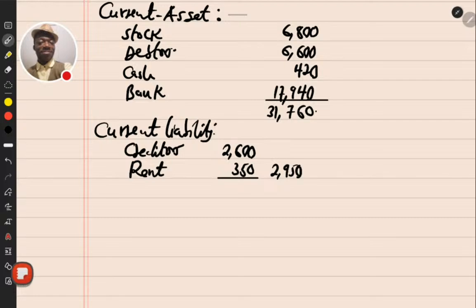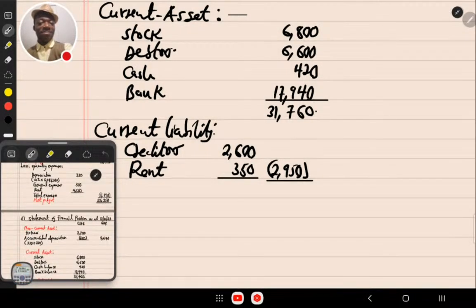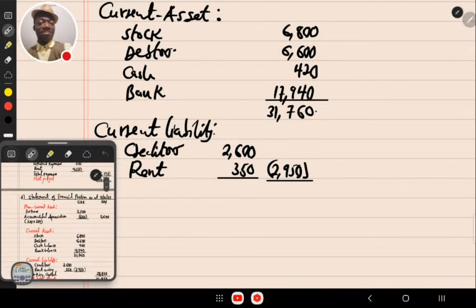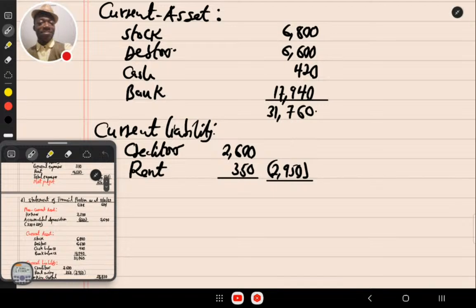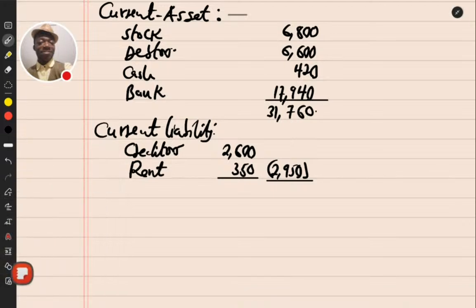Because we are using asset minus liability equals capital, we will less it. Okay. So once we less it, what were we getting here? So I had 28,810. So that will give us our working capital.